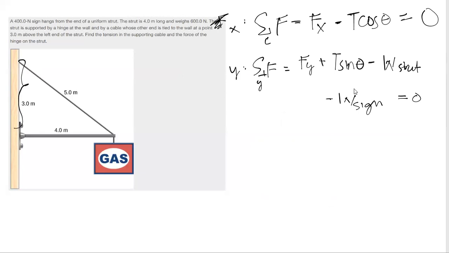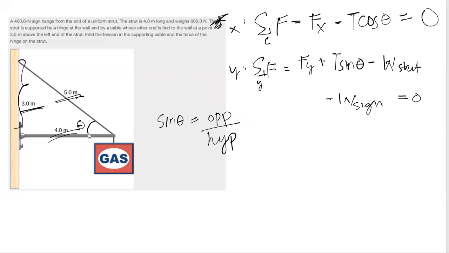Next, what we want to determine is the angle theta, to reduce our unknowns. We can determine this angle theta using this triangle here, given all the side lengths of our triangle. So we can define our trigonometric functions. Sine theta is opposite over hypotenuse.